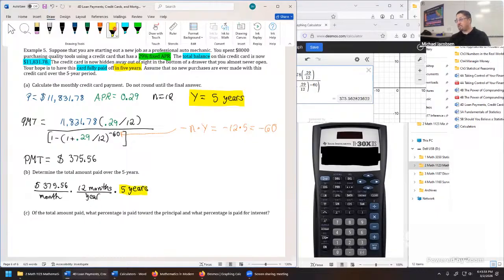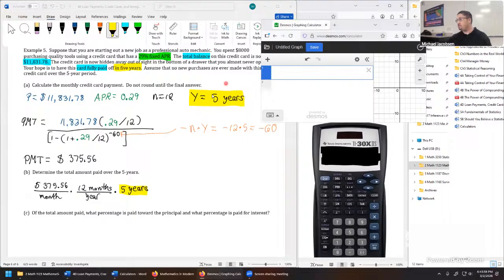But in all these problems, it's been pretty much the same analysis. Take the payment times 12 times whatever the y value for term length came out as. So in this problem, it's 375.56 times 12 times 5.